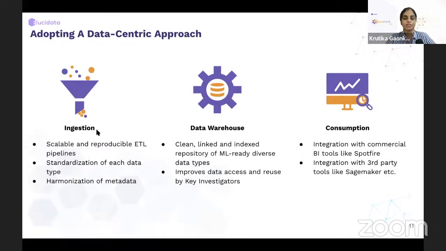The first would be ingestion, basically to identify, develop and maintain scalable and reproducible ETL pipelines to standardize the data type into the most consumable file format, and also harmonize metadata by adding domain-level experts to the curation process.